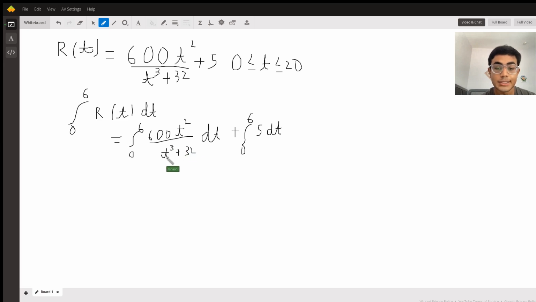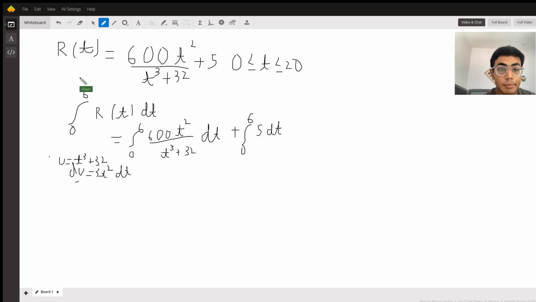For this integral, the best way to go about it is u substitution. Let's set the denominator, t cubed plus 32, equal to u. So u equals t cubed plus 32. Then du over dt equals 3t squared, or if we multiply both sides by dt, du is equal to 3t squared dt.